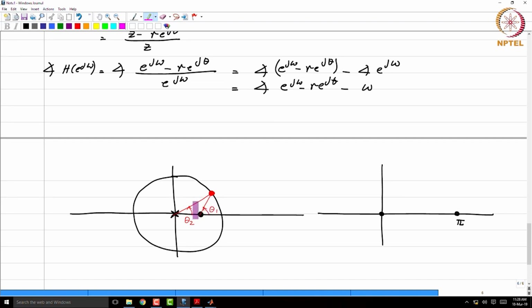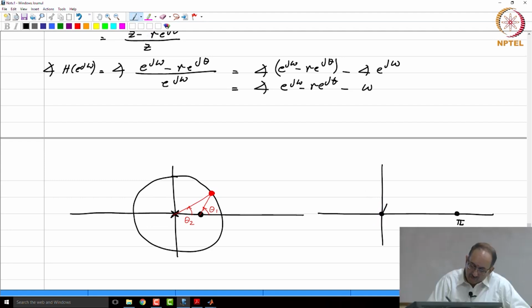Therefore, theta 1 minus theta 2 will be positive, and hence you can expect the phase response to increase, and then it will reach a maximum and become 0 again, because we know that at these 2 points the phase response has to be 0. The phase response is increasing when you are near the origin, and then eventually it will reach a maximum and then come back to 0.